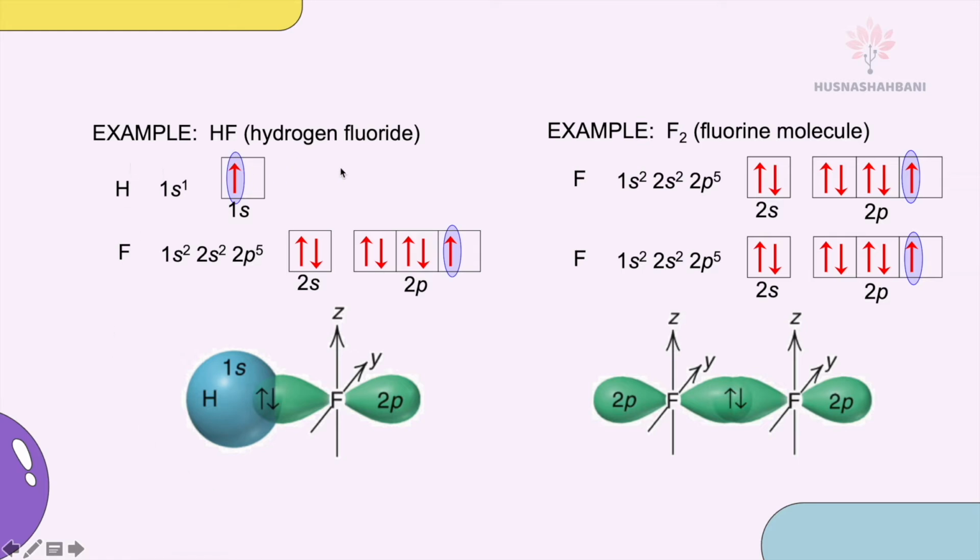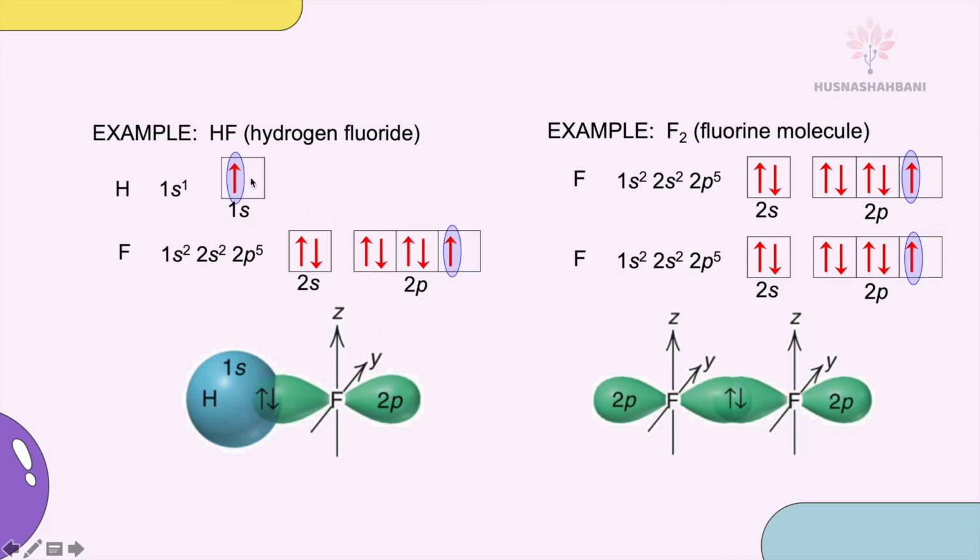Example, HF hydrogen fluoride, one unpaired electron from hydrogen. Note that orbital overlap only involves an unpaired electron from each atom, not paired electrons.